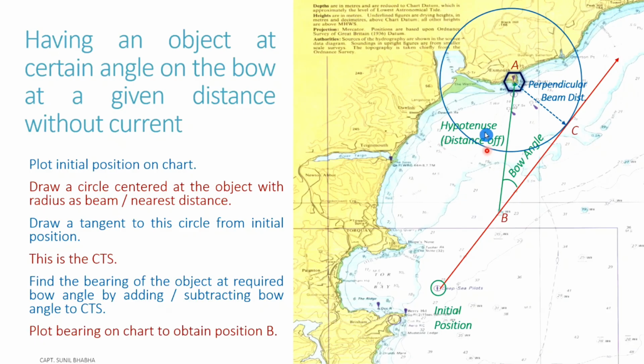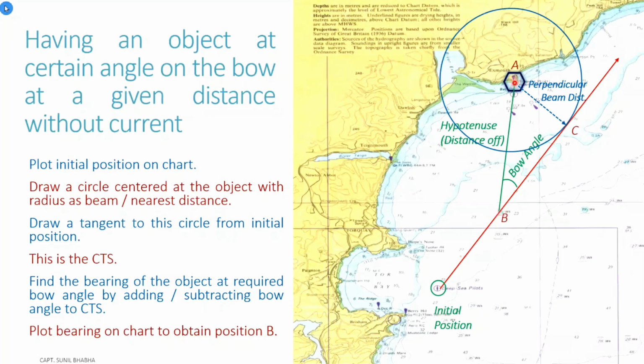So you open up your compass equal to the distance off which is given to us in the question, which we need to maintain from the required lighthouse. Open it up equal to the distance off, center the compass at the lighthouse, and then draw an arc so that it cuts our CTS line. When you draw that arc, you will see that it is going to cut the CTS exactly at point B. So once the arc cuts the CTS, you obtain this point B.